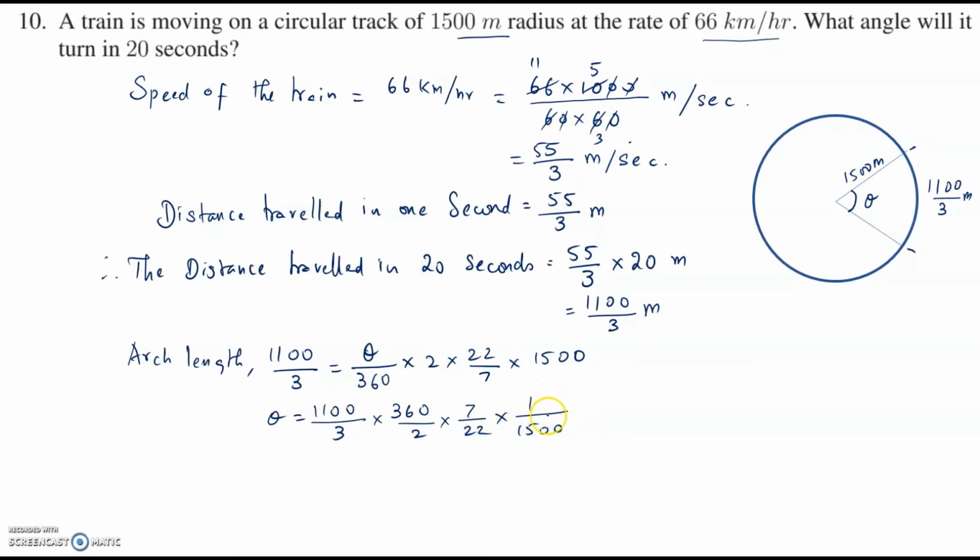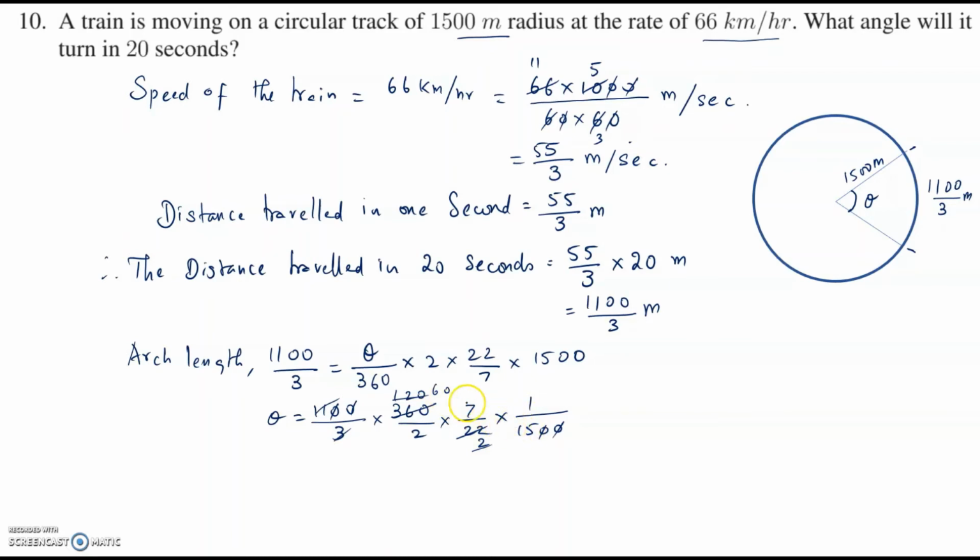So let's delete all the common terms, zeros. Then you have a 22 and 11, so this becomes a 2. Then this will become in 3, 120. Then further 120 will become a 60.